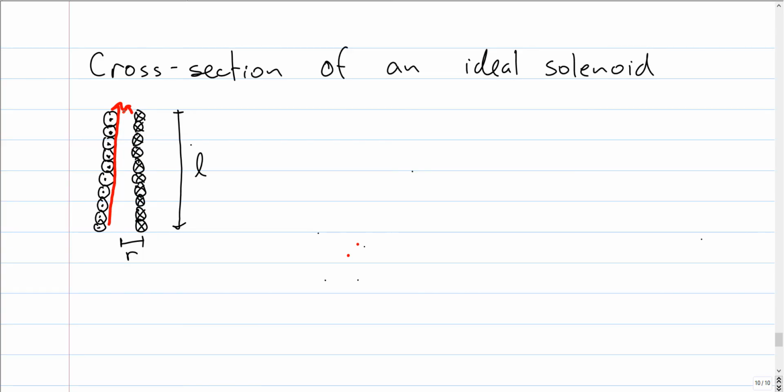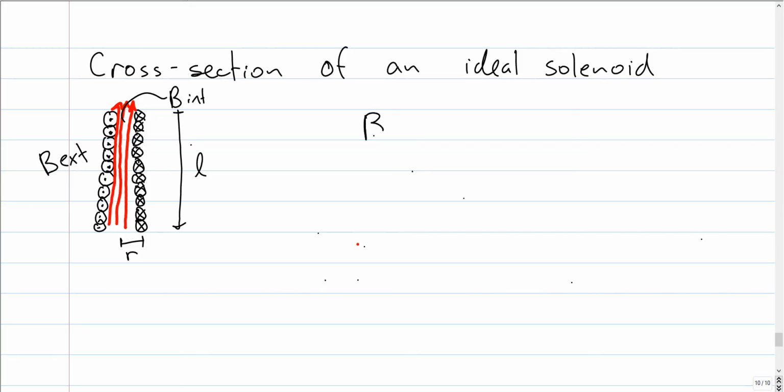Let's make it a little bit better. That's all right. And so this is our internal magnetic field in the solenoid. Let's call it B internal, as opposed to the external magnetic field, which is out here.